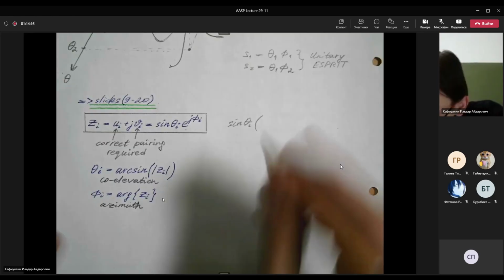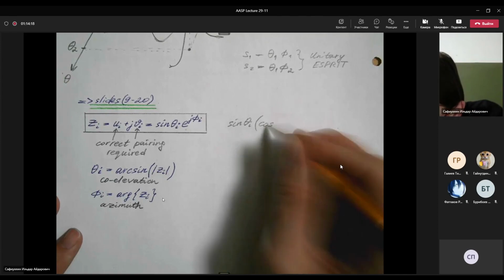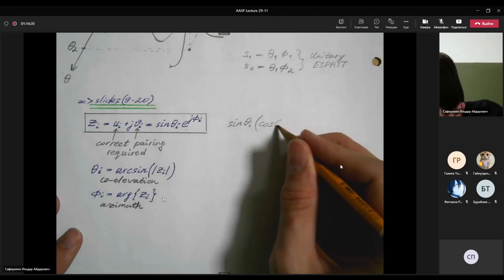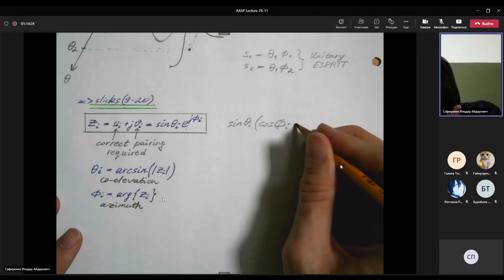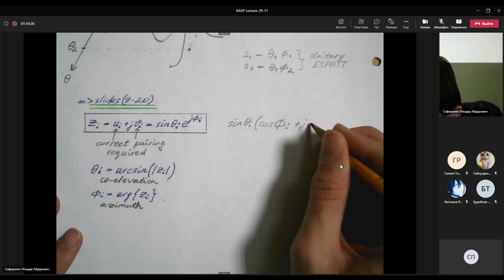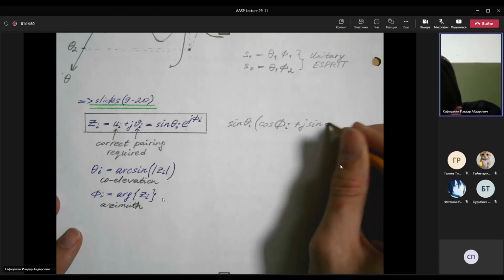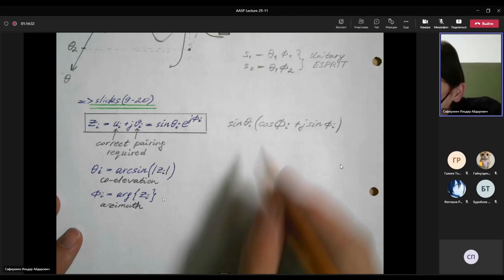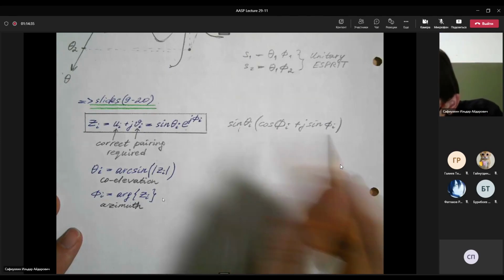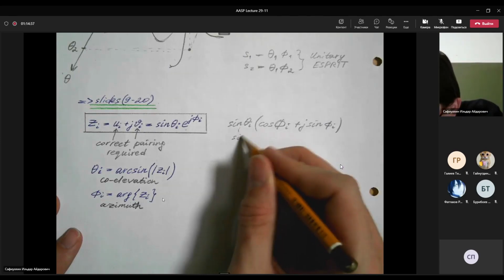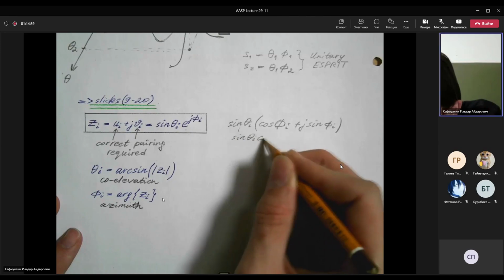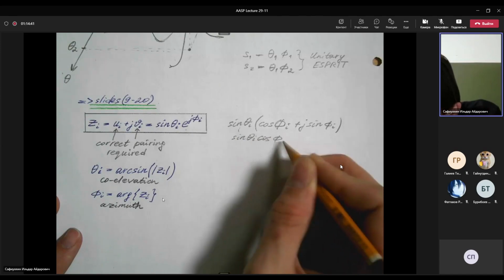Yes, so it is cosine of phi plus sine of phi, so multiplication of sine theta i cosine phi.